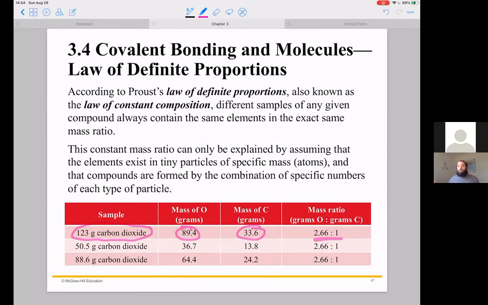Well, if I doubled that amount or halved that amount, the ratio of carbon to oxygen always remains the same, right? So this is sort of a long drawn out way of saying that it doesn't matter how big your sample is. So if I have a sample of CO2, and whether I'm talking about just a tiny amount or a humongous room full of CO2, the ratio of carbon to oxygen will remain the same, right? I'll always have 2 atoms of oxygen per atom of carbon.